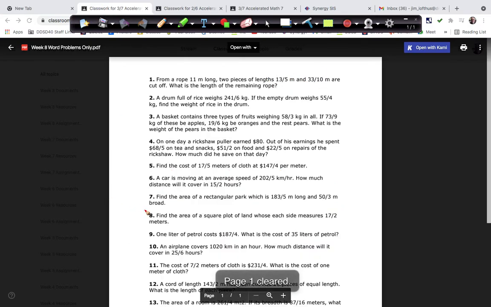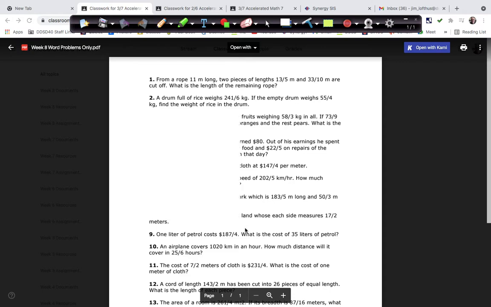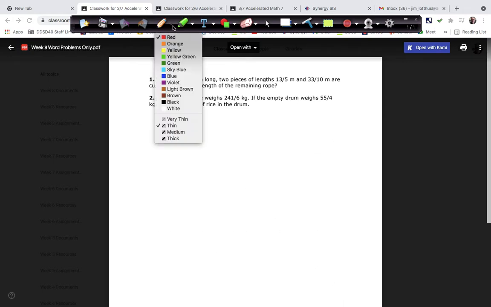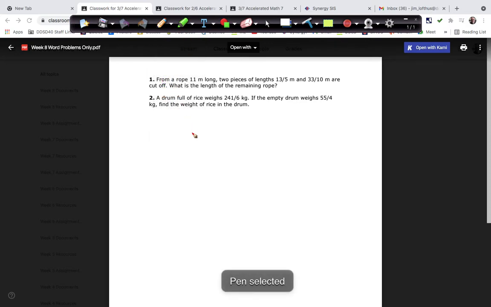And here's the answer to the second one. A drum full of rice weighs 241 divided by 6 kilograms. So we've got this big drum full of rice.